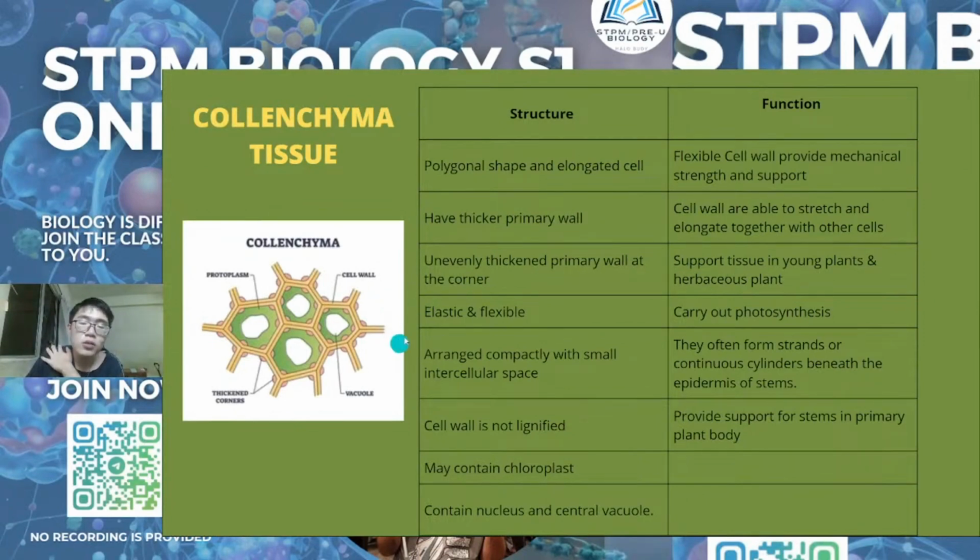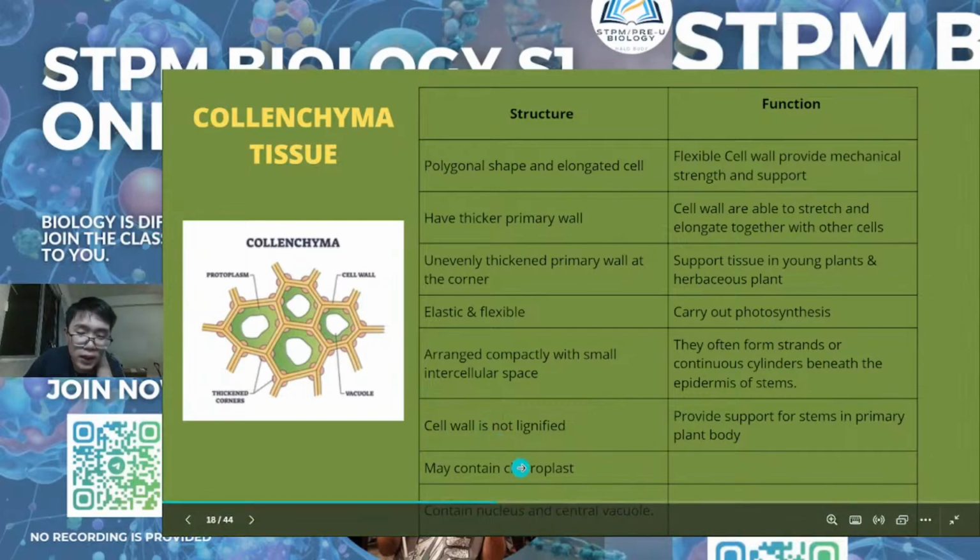Normally it is in polygonal shape and elongated cells, and it has a very thick primary cell wall, and then it has an unevenly thickened primary cell wall. So these two points you can combine. Elastic and flexible, arranged compactly with small intercellular space. Normally there is only very small intercellular space, and the cell wall is also not lignified.